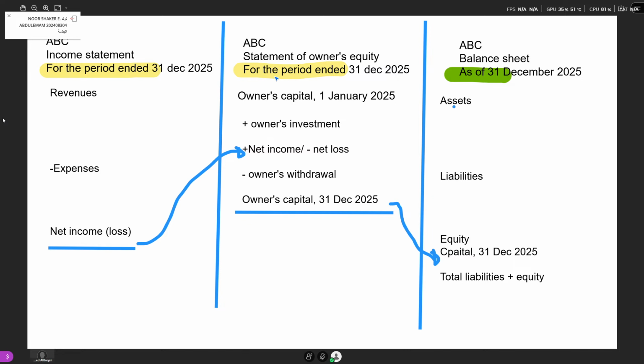Statement of owner's equity is also for the period that ended 31st December 2025. But for the balance sheet, it is as of. First of all, do you see that the way that we write the date is quite different for these statements? If yes, can you please, anyone let me know why do we write the dates this way for these statements?